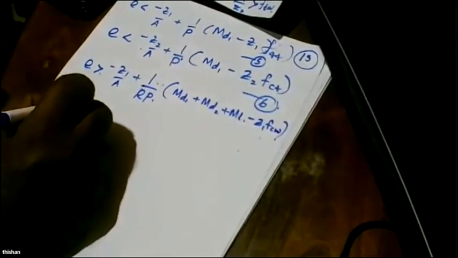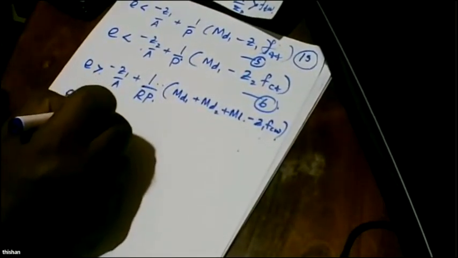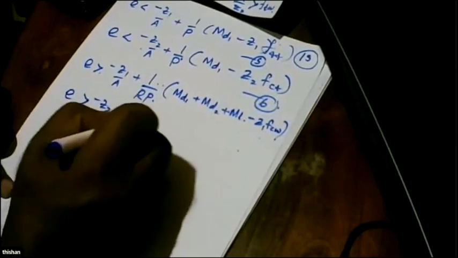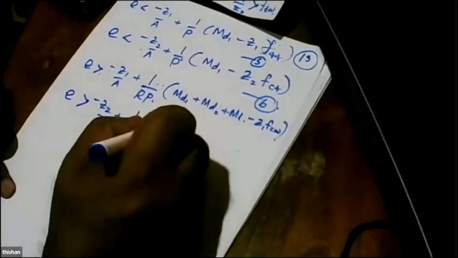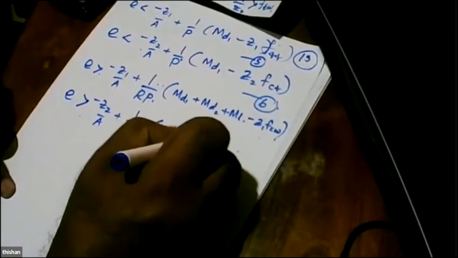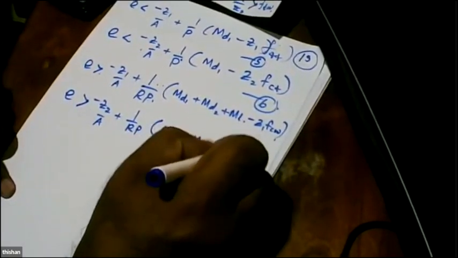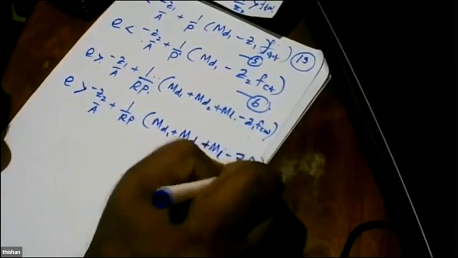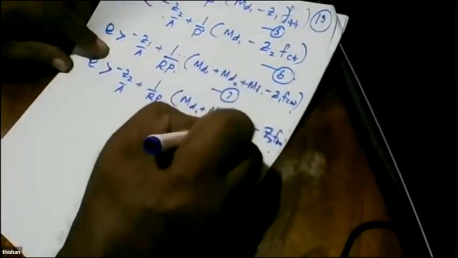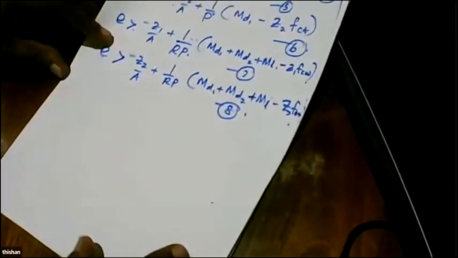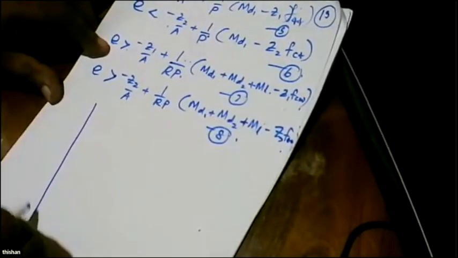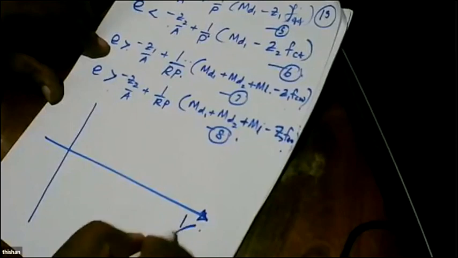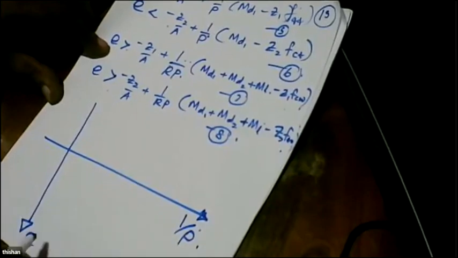And here you get E should be greater than minus Z2 over A plus 1 over RP, MD1 plus MD2 plus ML, minus Z2 FTW. So we get equations number 7 and 8. If you look at this diagram, you can see this is Z1 over A, this is Z2 over A. So we can draw it as 1 over P and extend it this way.